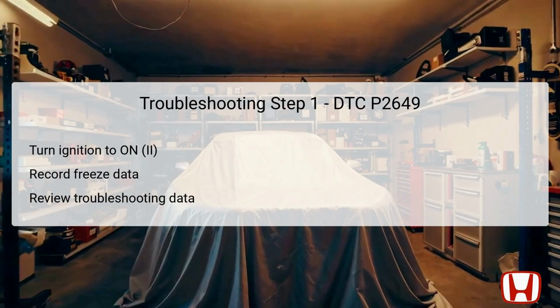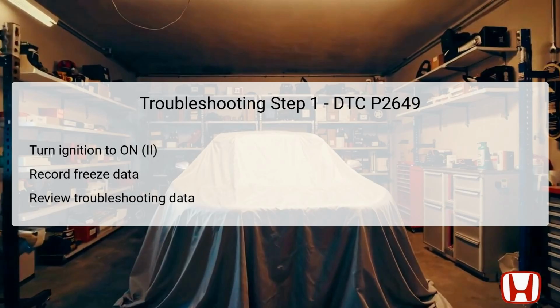To begin troubleshooting DTC P2649, start by turning the ignition switch to the ON position. It's crucial to record all freeze frame data and any onboard snapshots available at this stage. This information can provide valuable insights into the conditions under which the error occurred, including any specific engine parameters or performance states.